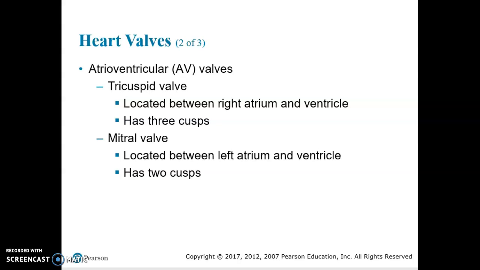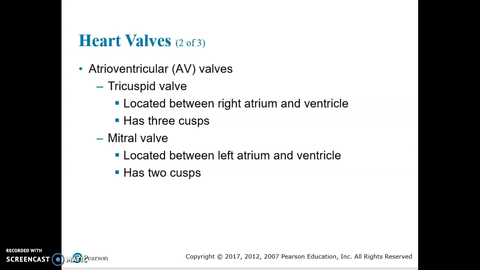And these valves are supported by what they call chordae tendineae. They're like tendon cords. They're attached to the papillary muscle, and those are muscles that outpouch from the ventricular wall. These chordae tendineae anchor the valve and keep them from flopping back and forth.